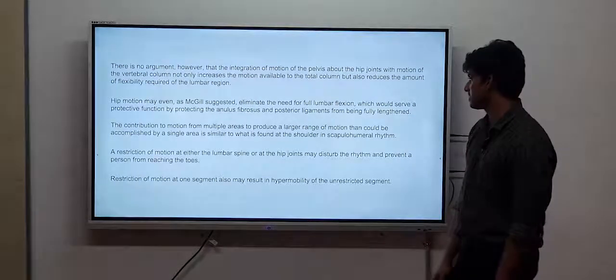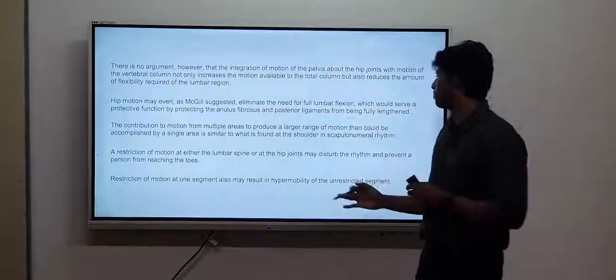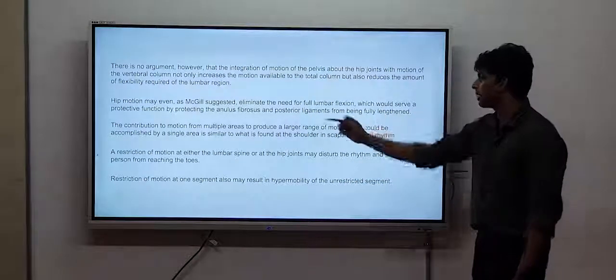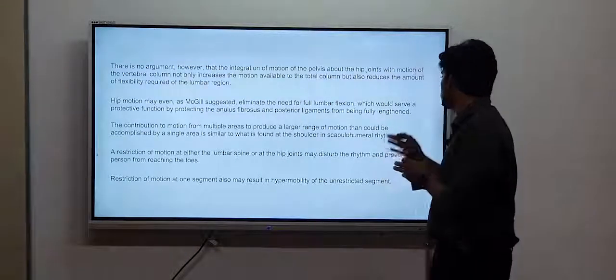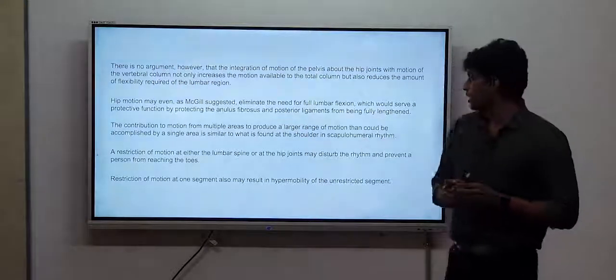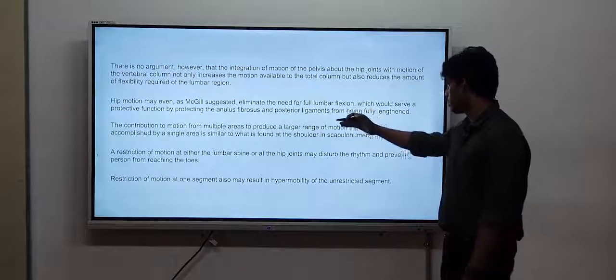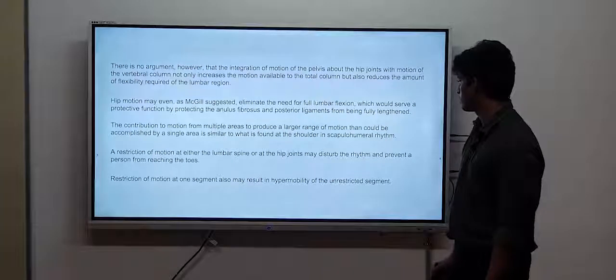The contribution to this motion from multiple areas provides a larger range of motion than could be accomplished by a single area, which is similar to what is found at the shoulder in the scapulohumeral rhythm. So lumbopelvic rhythm is almost similar to the scapulohumeral rhythm.